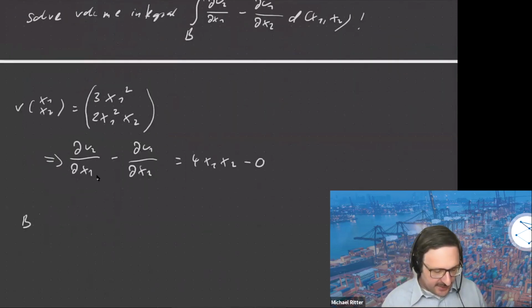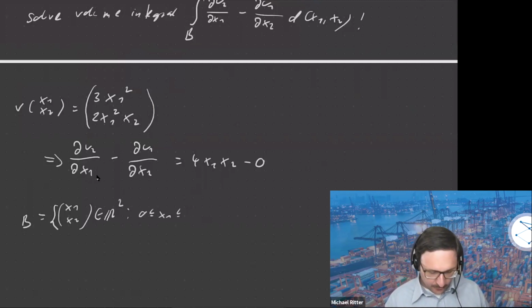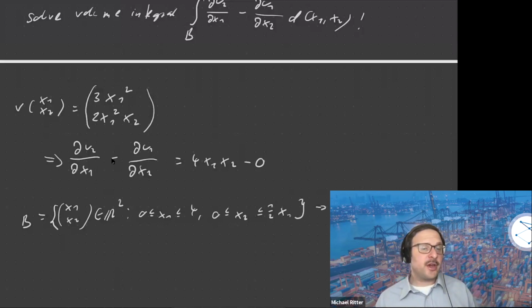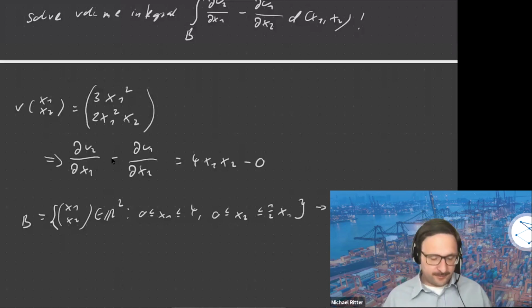Okay, so that means B can be described as all x1, x2 in R2, where x1 is between 0 and 4, and x2 is between 0 and 1 over 2 x1. So that is a normal domain. And that means we can compute the integral that we want.